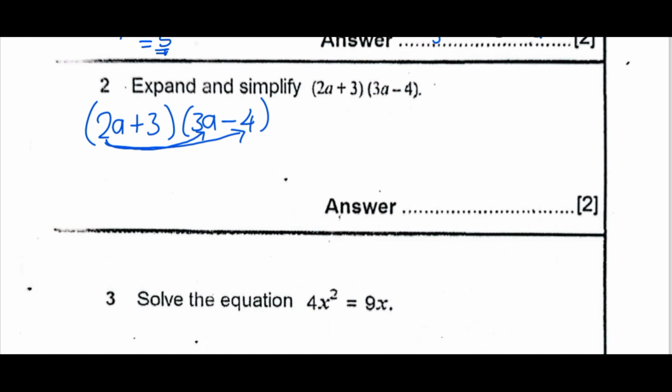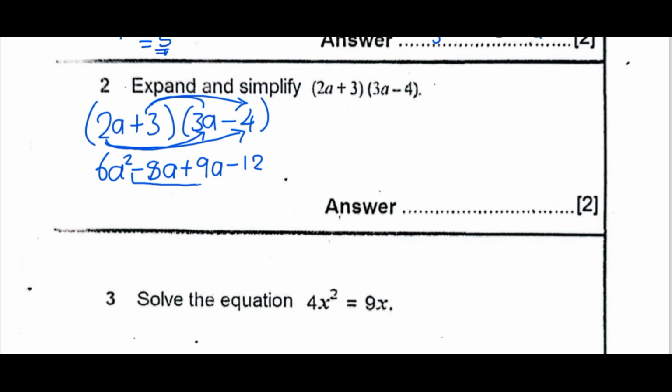So let's do it. 2 times 3 is 6, a times a is a squared. 2 times negative 4 is negative 8a. So we are done with 2a. Let's go to 3: 3 times 3a will give us positive 9a. 3 times negative 4 will give negative 12.